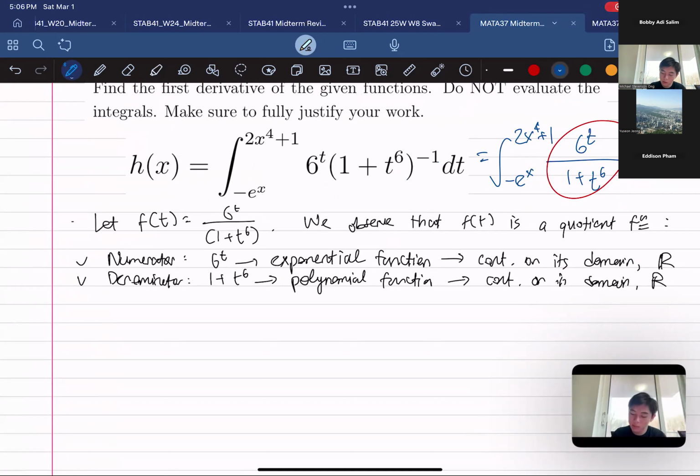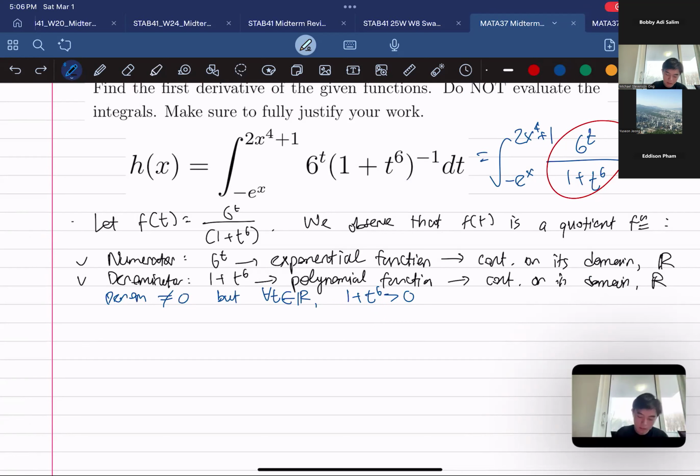Special attention must be put on the denominator. We know that the denominator cannot be 0. But we know that for any t, this thing is more than 0, because its lowest value is 0, but we have a 1 plus in here. So it's never 0. All good. Nothing happens over there.